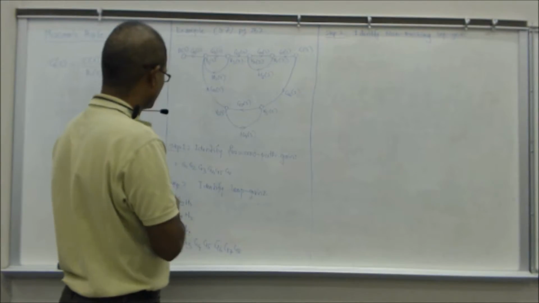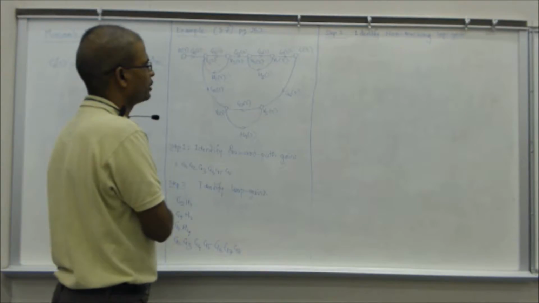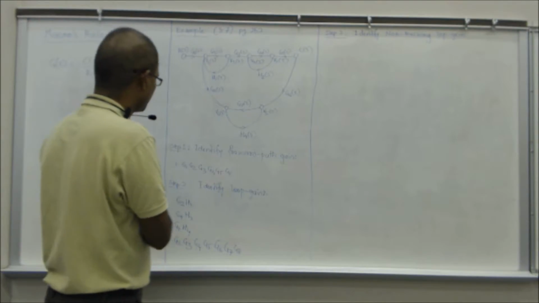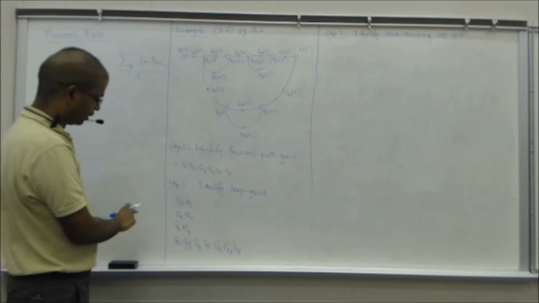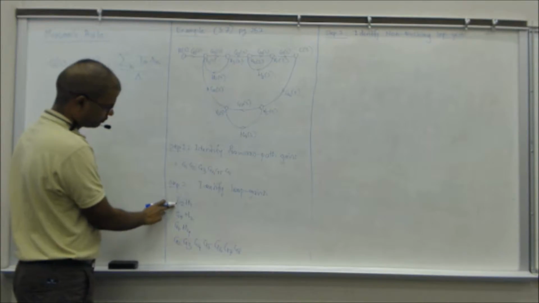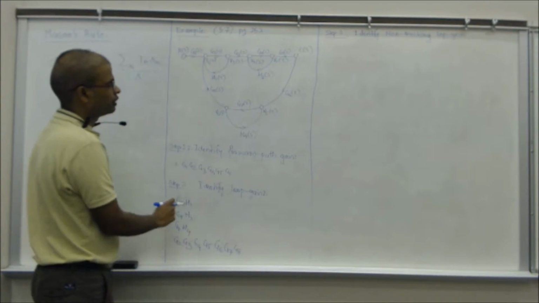All right. So you have forward path, you have loop gains. The next one is identifying non-touching loop gains. So if you just take these and see which are non-touching. Are these two non-touching? Taken two at a time first, okay?